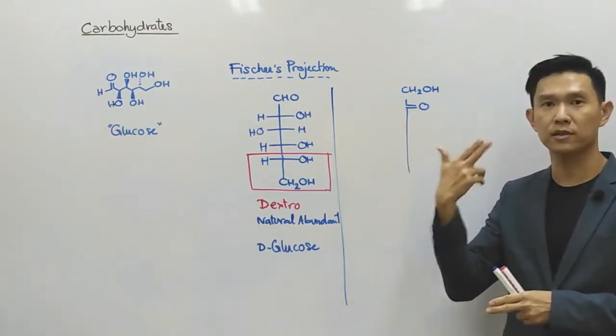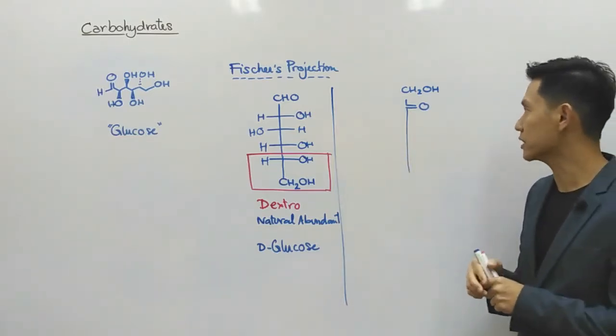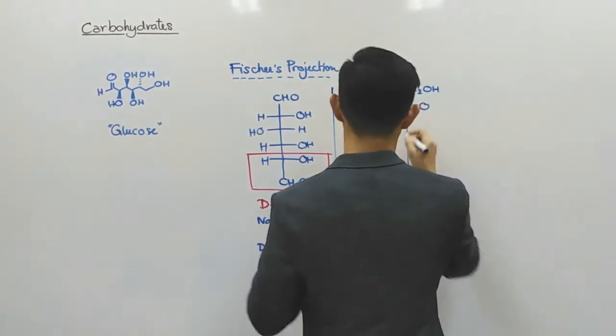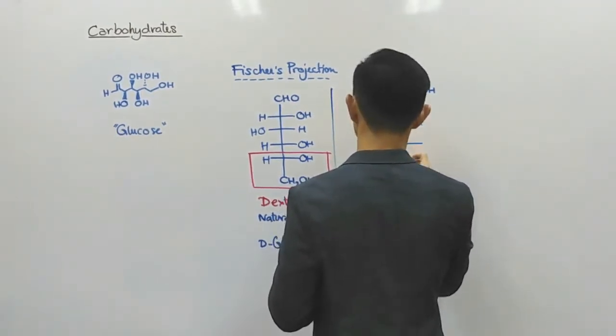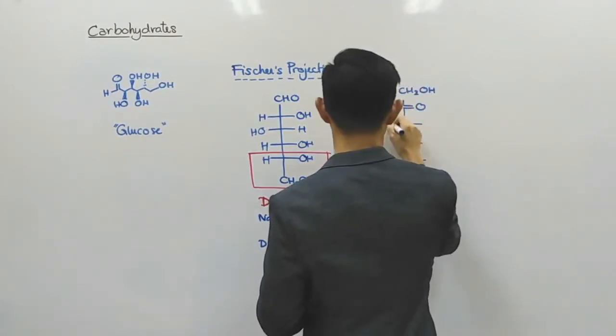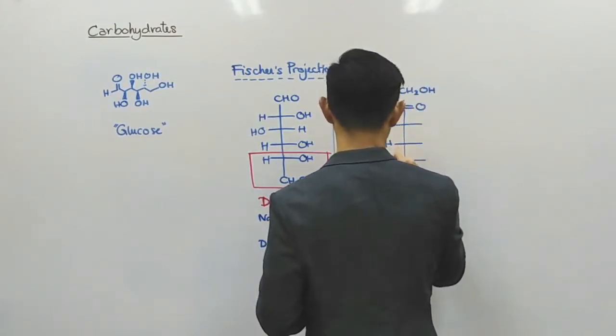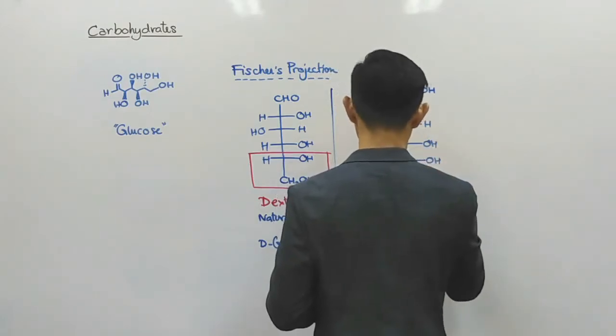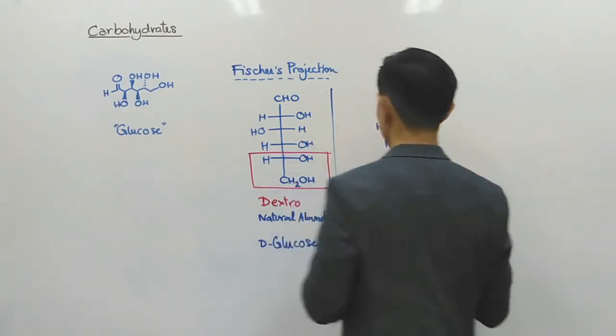So you can swap it. You can rotate the molecule very easily. Now, the other carbon atoms are exactly the same. So it's on left and on right and right again, and ends with CH2OH.